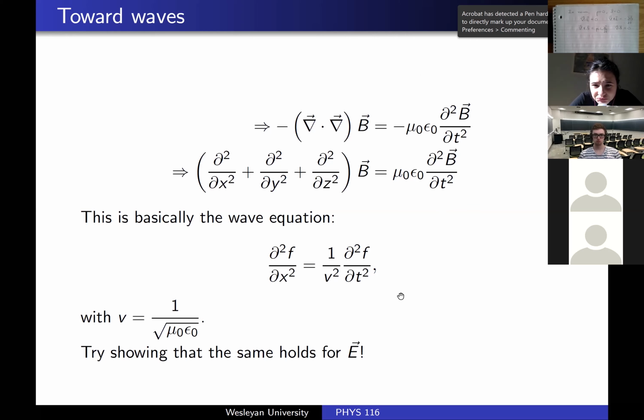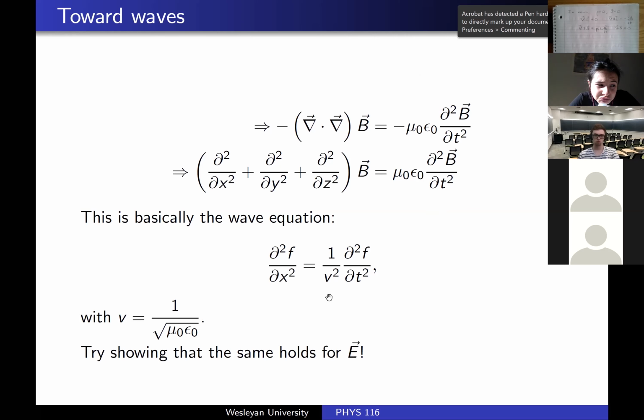Now you'll see this in some more detail in waves and oscillations if you go on to take that course. But basically, this is the equation that describes a wave propagating. And what we see is that this constant factor out here should correspond to this factor over here, which depends on the speed of the wave.